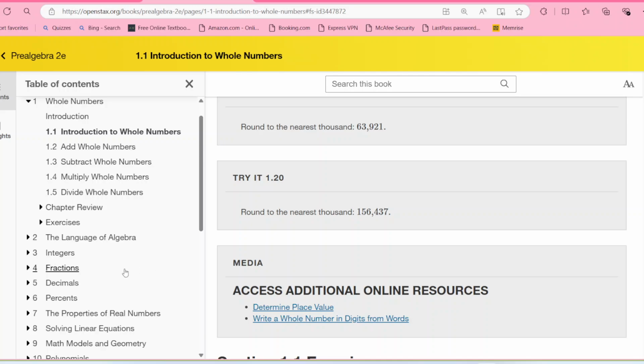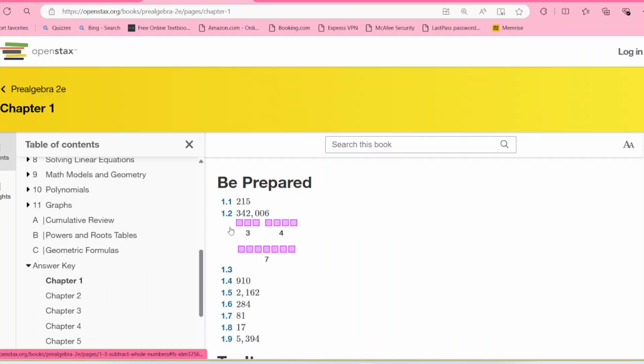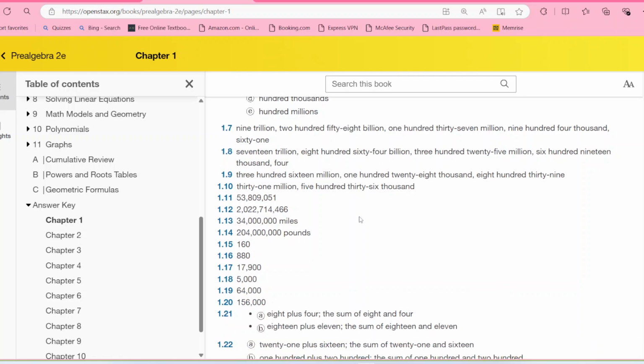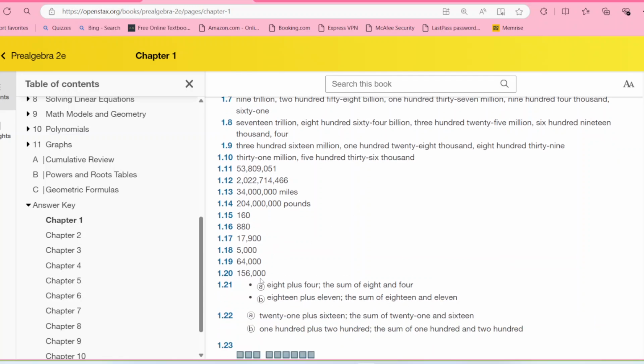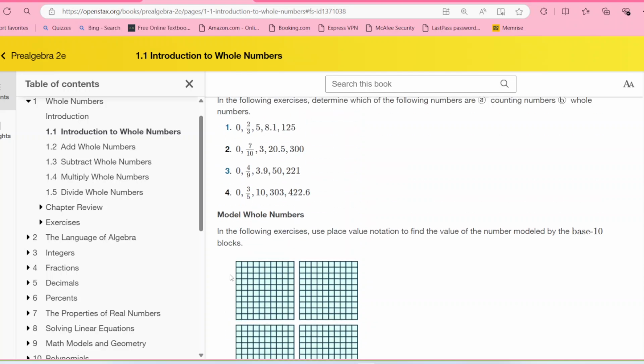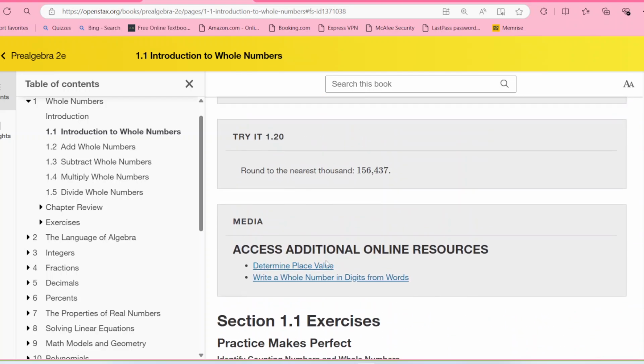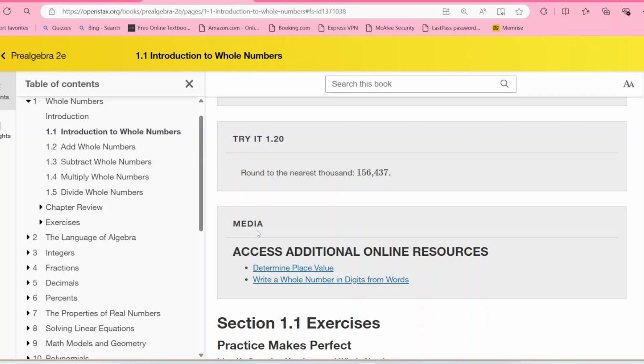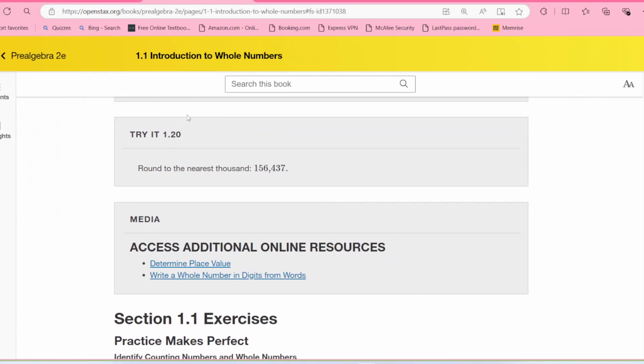Verify this. Try It 1.20, 156,000. Fantastic. And then at the very end of this reading, there is a media section, which I'm not going to take you through. This is just access to additional online resources, right?